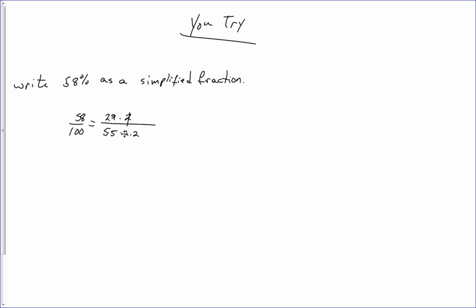This 2 and this 2 will cancel out. So this equals 29 over 5 times 5, which is 25, times 2, which is 50. So 58% written as a simplified fraction is 29 over 50.